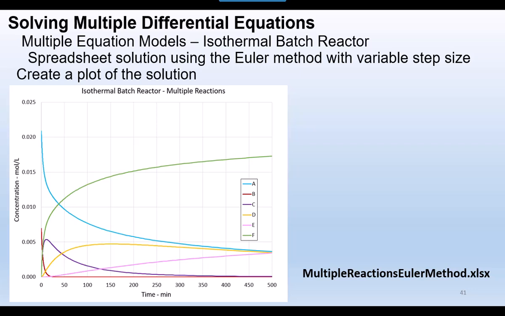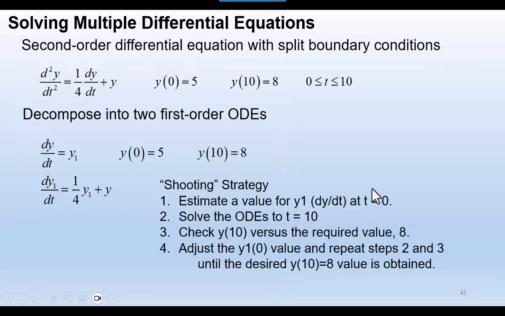So this gets us a little bit farther in terms of working with differential equation solutions where we have initial values. Now we're going to look at a different situation, and we're going to throw a couple curveballs at this. Number one is we're going to deal with a second order differential equation.